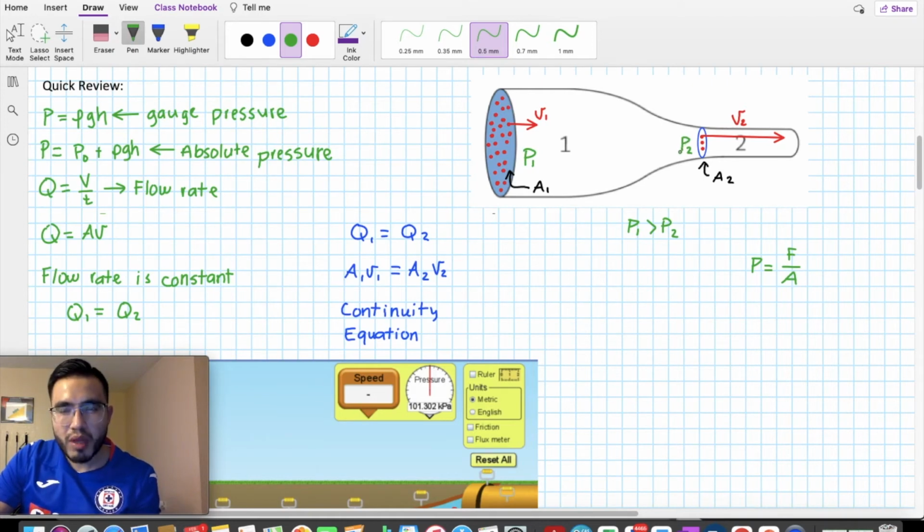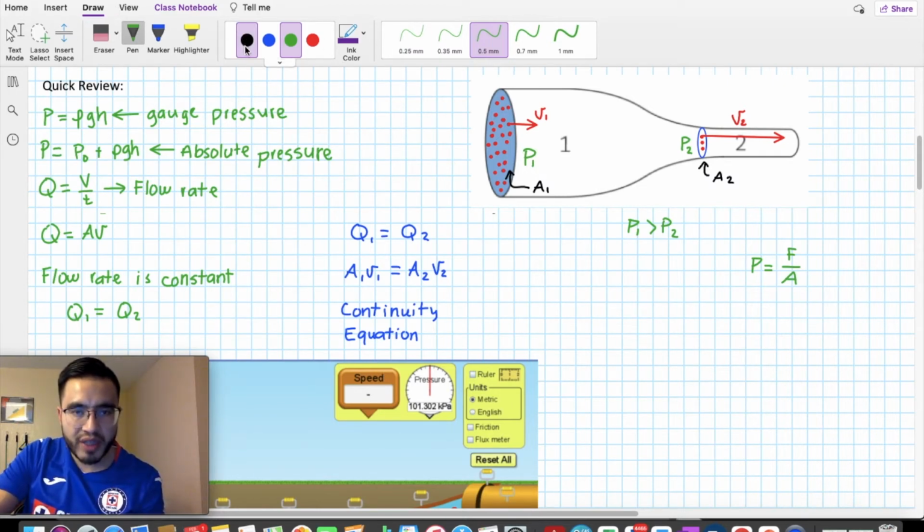Now, if we have a force, right, well, we have a change in pressure, then the velocity is changing. We can say that the energy is changing too, right? You have a moving fluid, it has to have kinetic energy, okay? And let's recall the energy conservation, right?